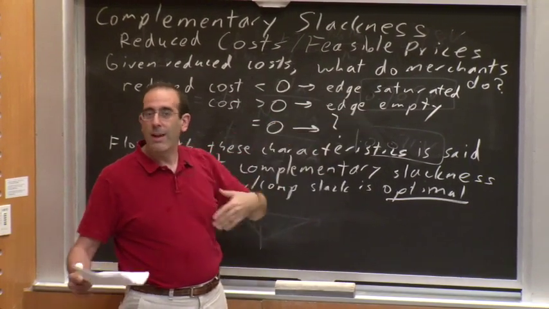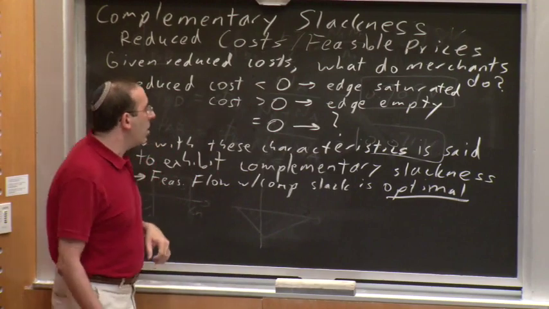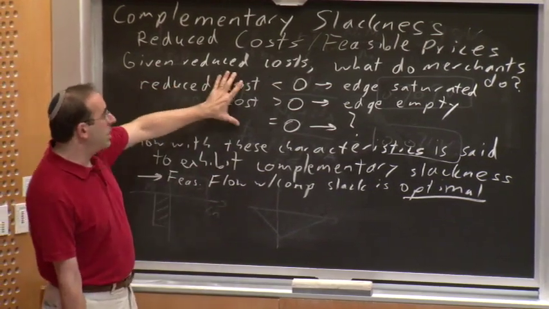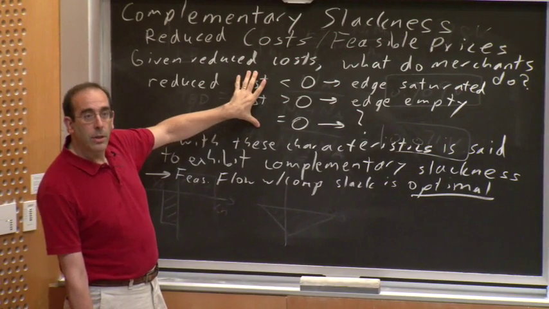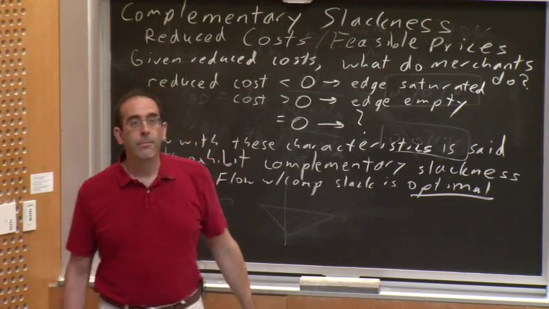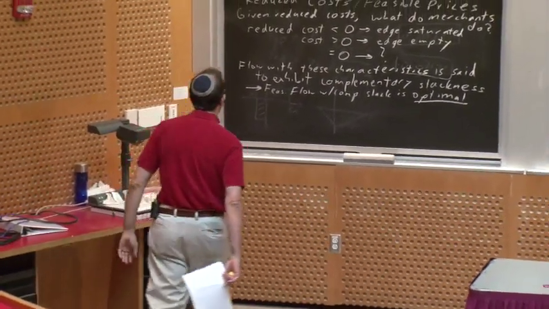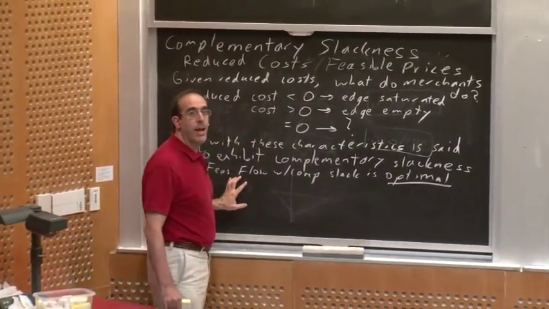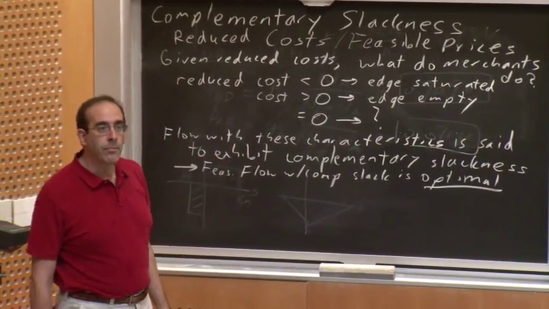That's the definition of having residual capacity, that you have a not saturated edge. So this is just another way of talking about having a feasible price function. Okay? Yes? Sorry, that's what I meant by a feasible flow. We're demanding a max flow, so that's part of our feasibility criterion. Okay.